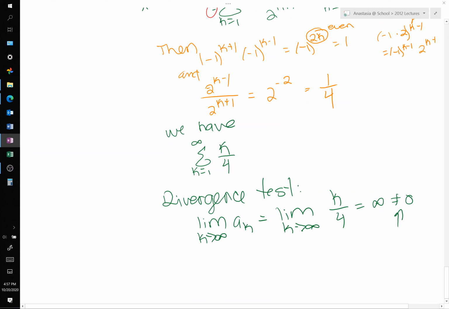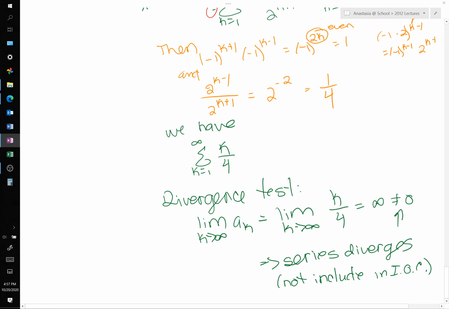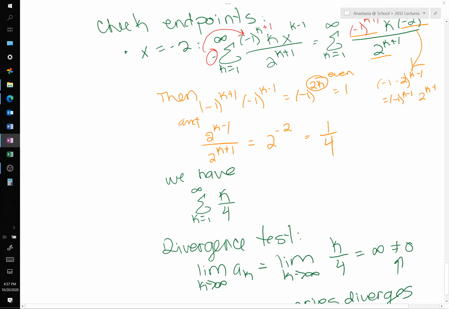So this means then that the series diverges. Because the series diverges, we are not going to include it in the interval of convergence. Okay, so that's one of our endpoints.